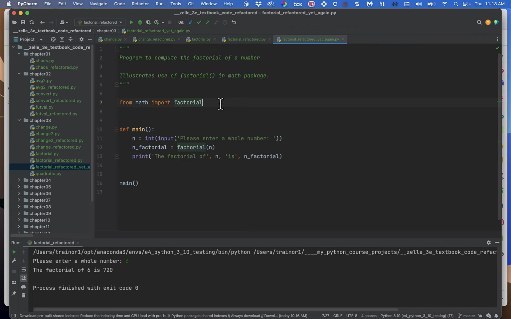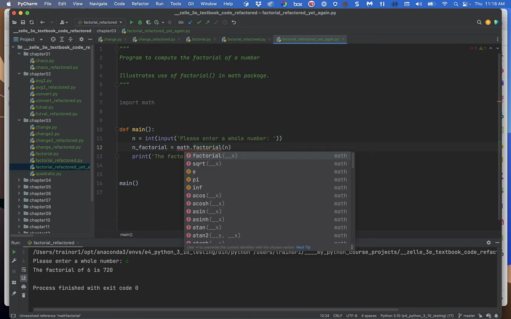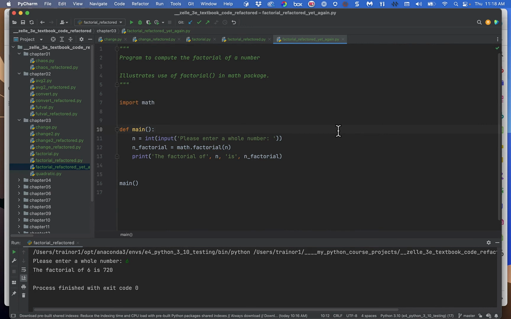If you just say import math, then every time you use a function or a constant from the library, or I guess it could be a class when we get into later things, you have to prefix it with the namespace math. So you would have to say math.factorial. And that reads pretty well.